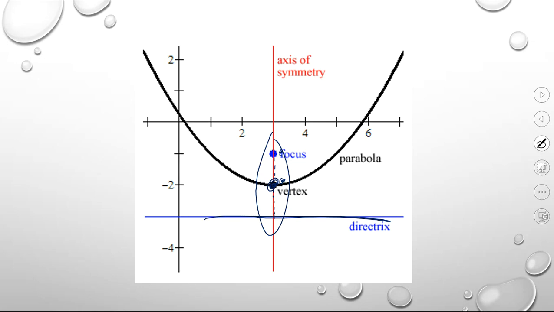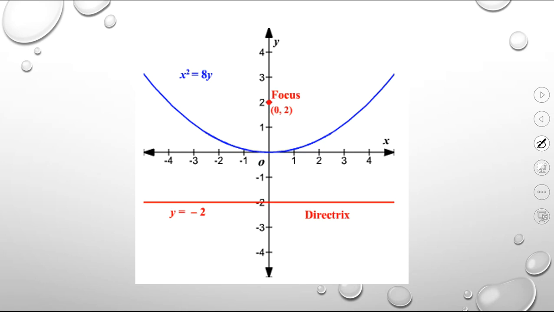Because I'll know if the focus, let's say, is 1 unit above the vertex, that means the directrix is 1 unit below the vertex. So we can sort of use that power to help us find either focus or directrix given one piece of information or the other. So same thing on this one, you can see the focus. Notice, okay, where it is.